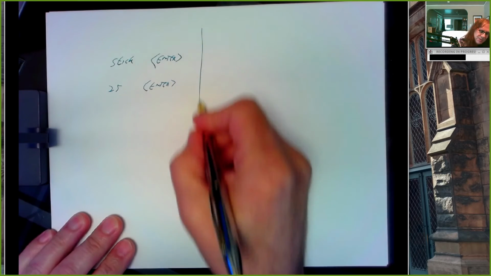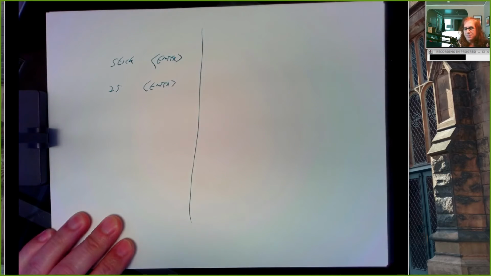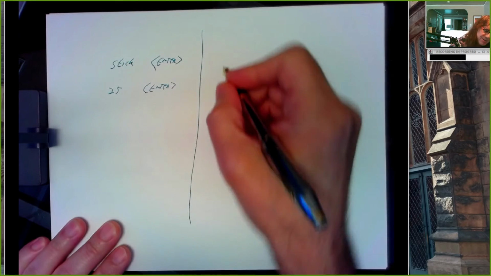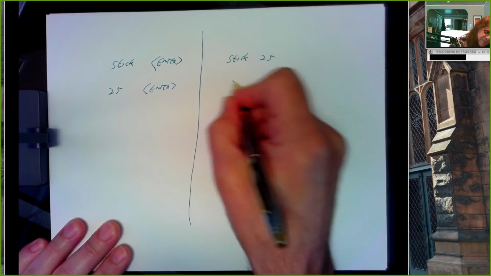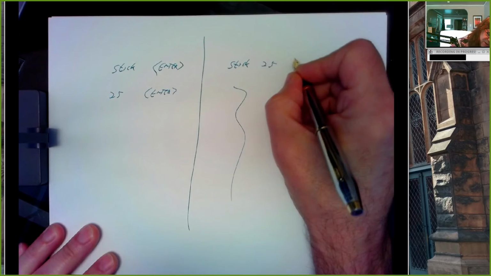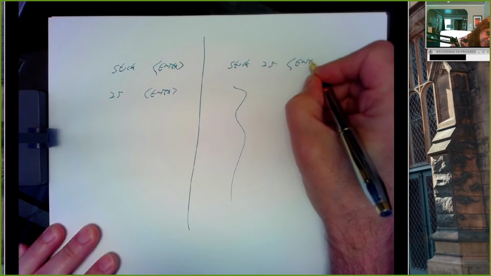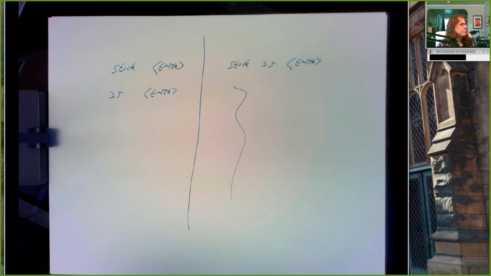The other option, though, is a command line argument. If you don't want to have to do this dialogue, you can just say stick space 25, and the game immediately starts off playing with 25 sticks. Is that clear?